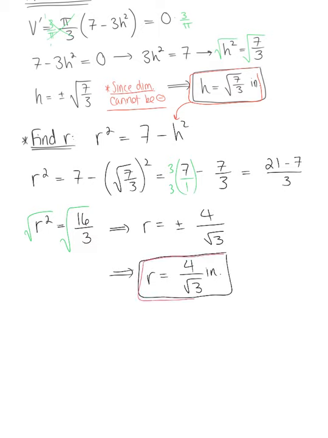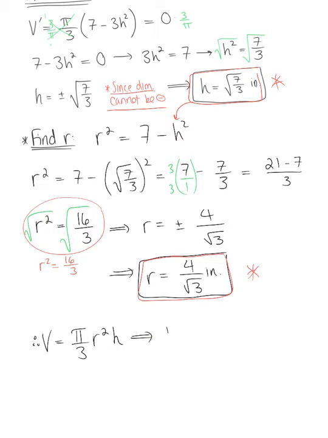So these are the dimensions that yield a maximum volume. We can conclude that the maximum volume is pi over 3 multiplied by our radius squared. Looking back up, we know our radius squared is 16 over 3. The reason we're using the radius squared is that we're substituting into our volume.